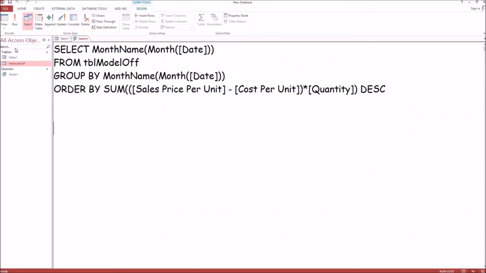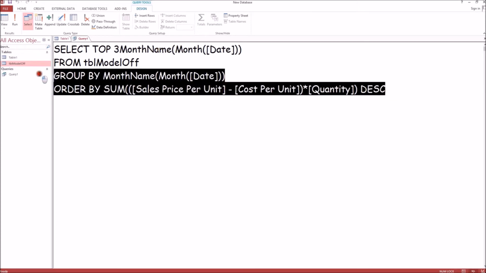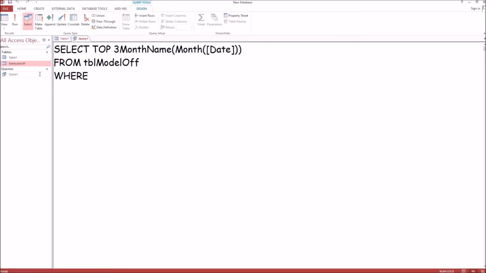So since we are asked about 3 months, let's select top 3 months from our table where postal code is in, or actually it's not in, which is the opposite of in, 3019 and 3028. So we're excluding all of the records with these 2 postal codes.